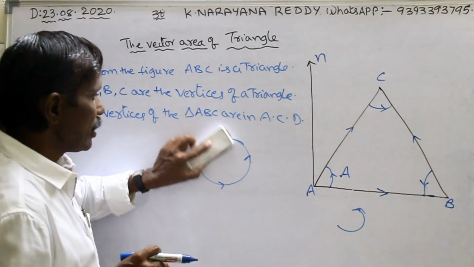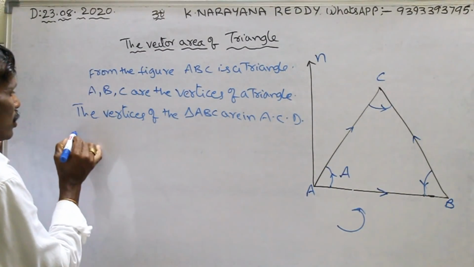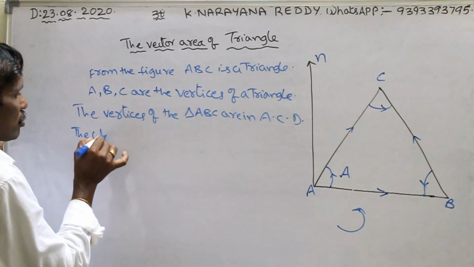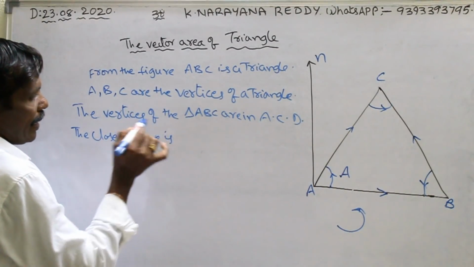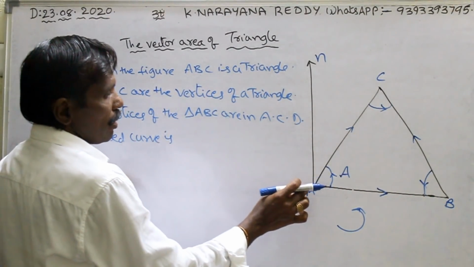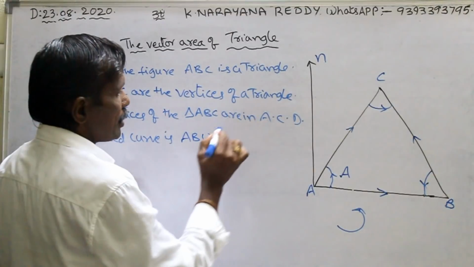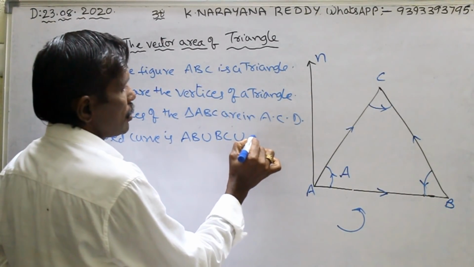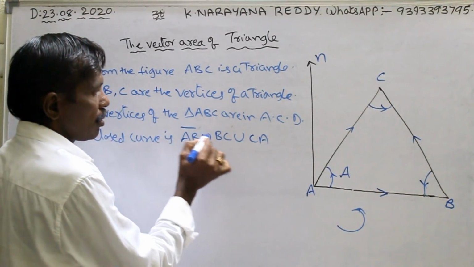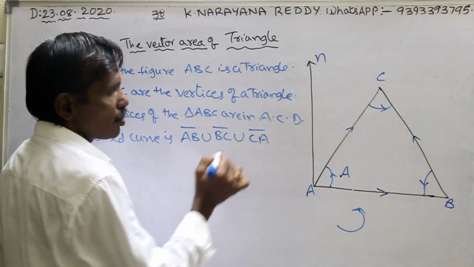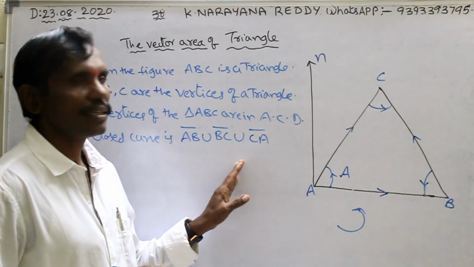But here in this triangle, the closed curve is AB union BC union CA. AB is aligned, BC is aligned, CA is also aligned, and those are in anticlockwise direction.